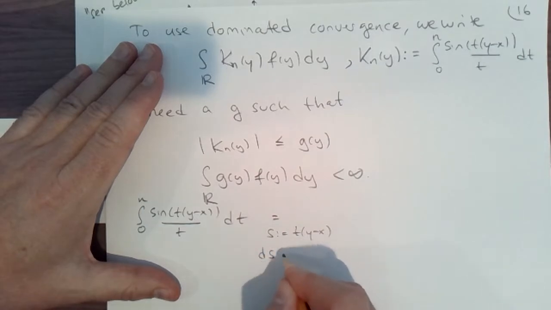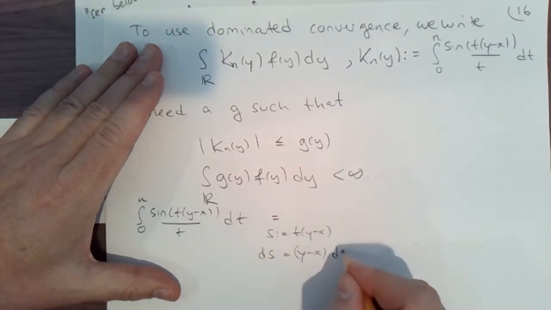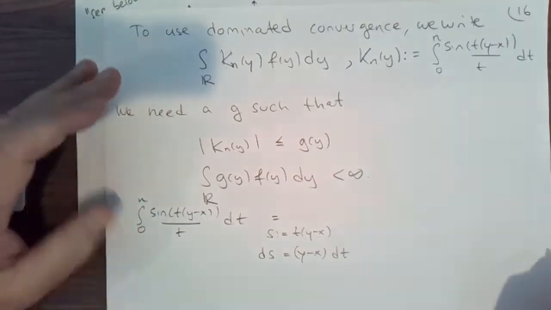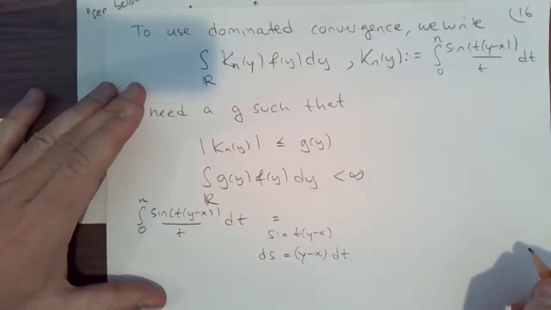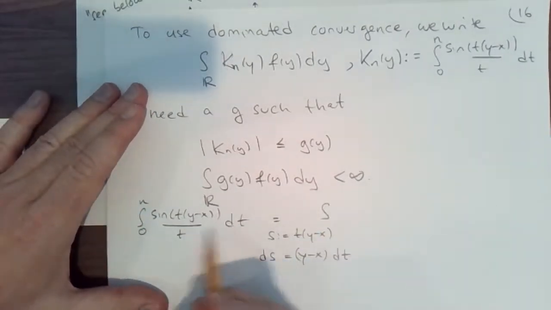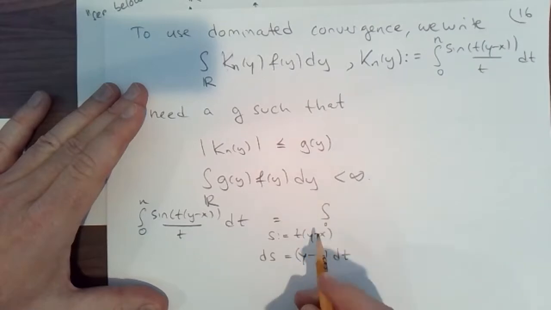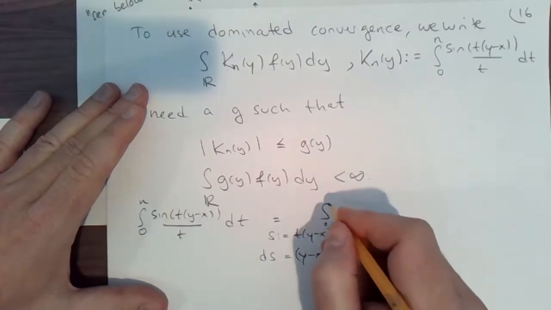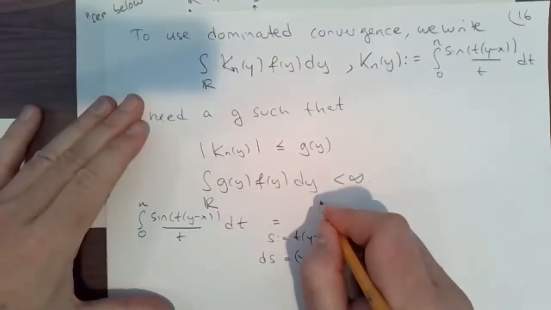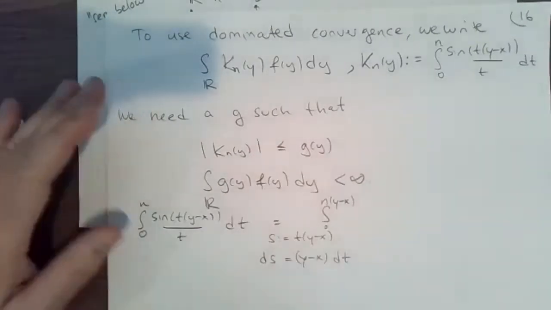And then I'll get that ds is equal to (y minus x) dt. And when t is equal to 0, this is equal to 0. When t is equal to n, I'll get n(y minus x) up here.